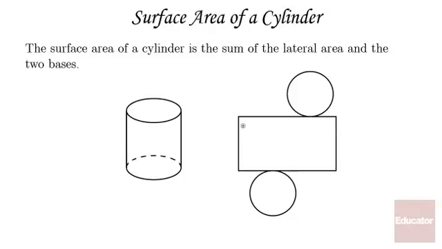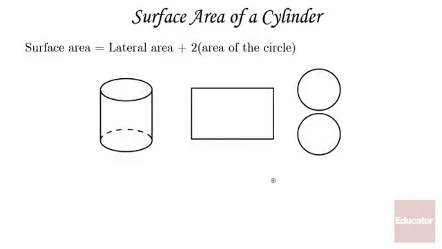The lateral area for the cylinder is the rectangle that makes up the side of the cylinder. And then we have, of course, the two bases, which are circles. So surface area is the lateral area plus the two bases, the two circles.